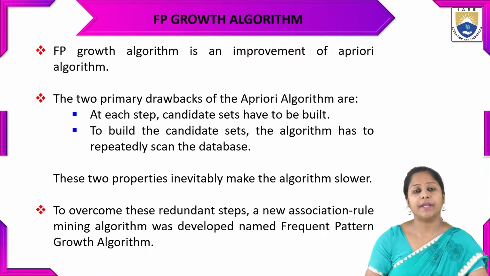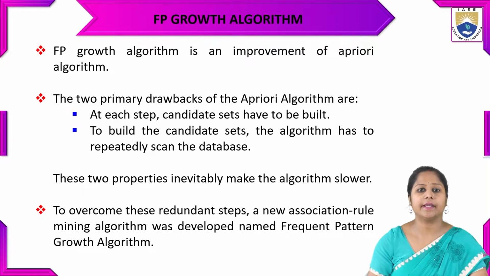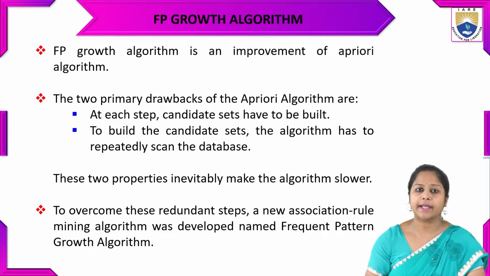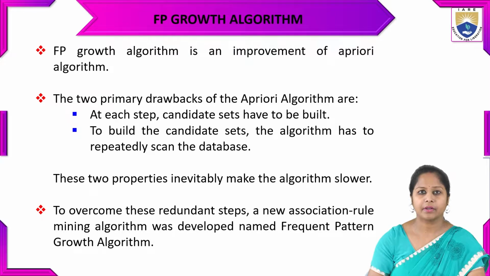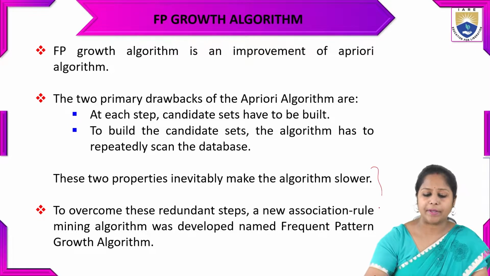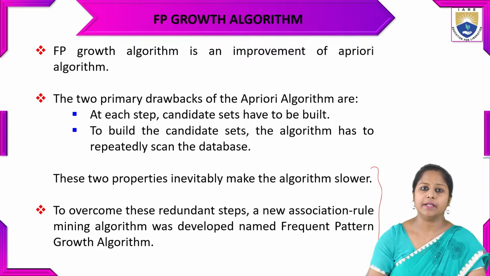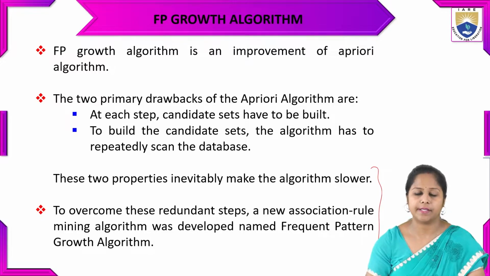So we have to scan the larger database again and again. That was taking time and was slower in performance. So to get rid of that, we are going to use the FP growth algorithm. These two properties inevitably make the performance slower, as I have said.